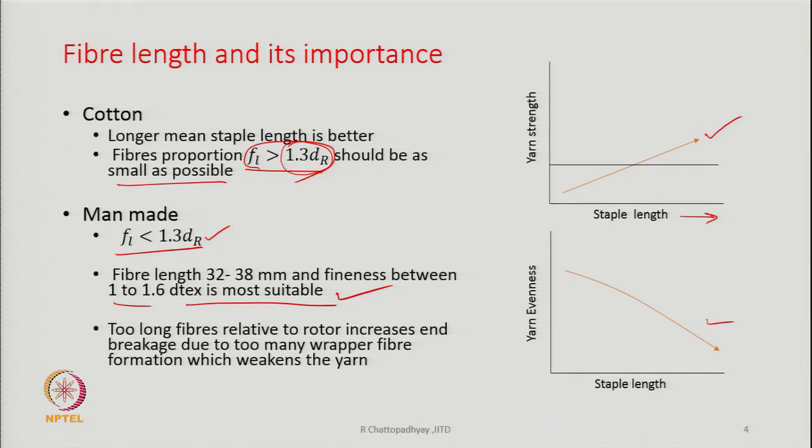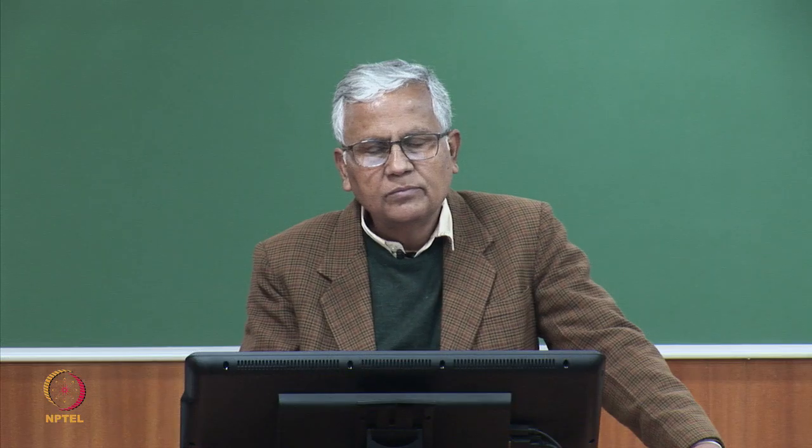Otherwise, man-made fibers will not have any shorter fibers, but typically the length of the fibers should be less than 1.3 times the diameter, because if it exceeds this length, most of the fibers are going to form wrapper fibers.